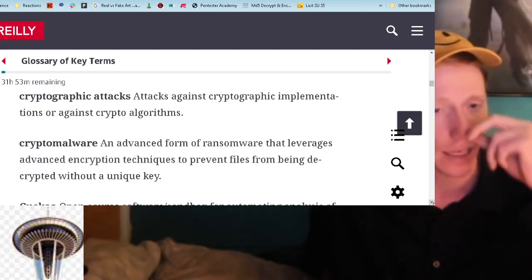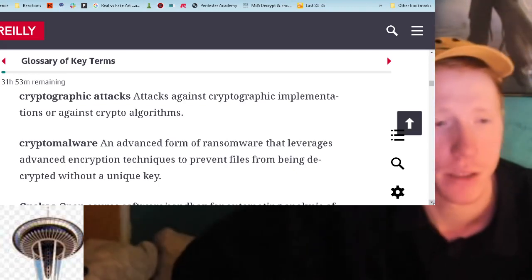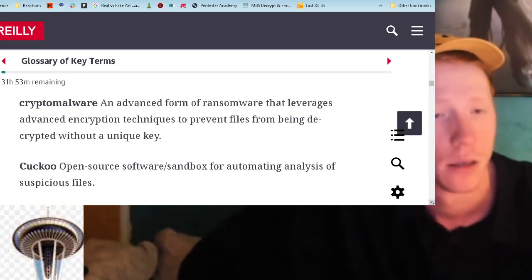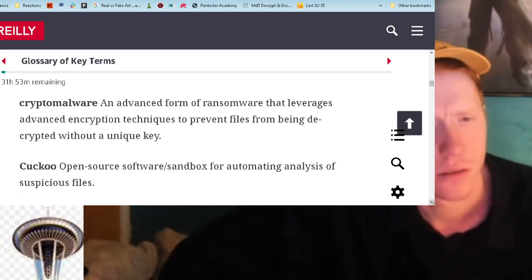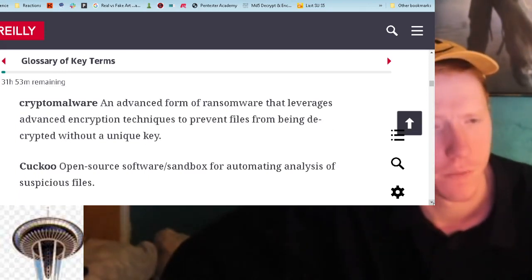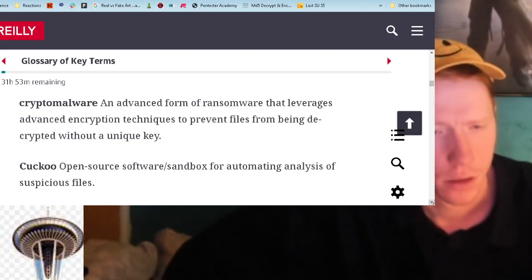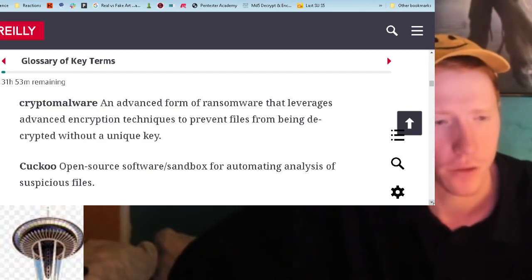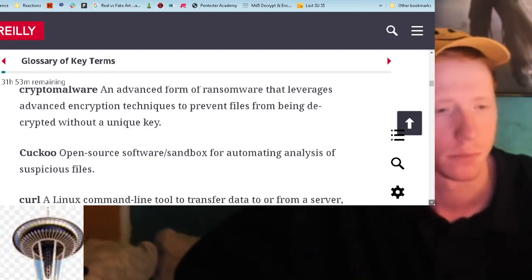Cryptographic attacks are attacks against cryptographic implementations. Crypto malware, advanced form of ransomware that leverages advanced encryption techniques to prevent files from being decrypted. So they lock up all your stuff.